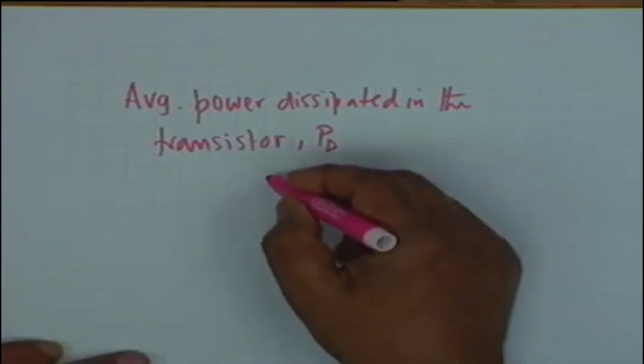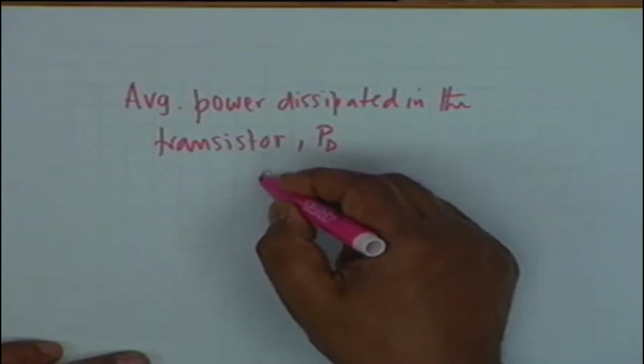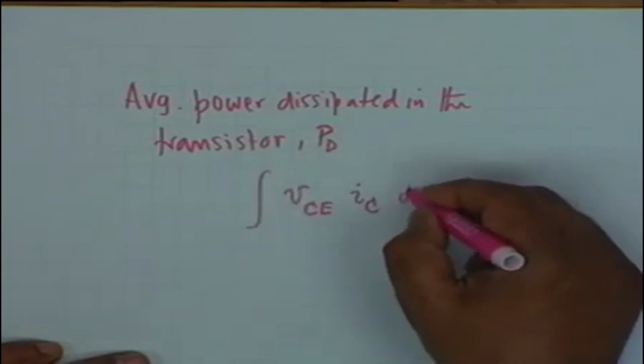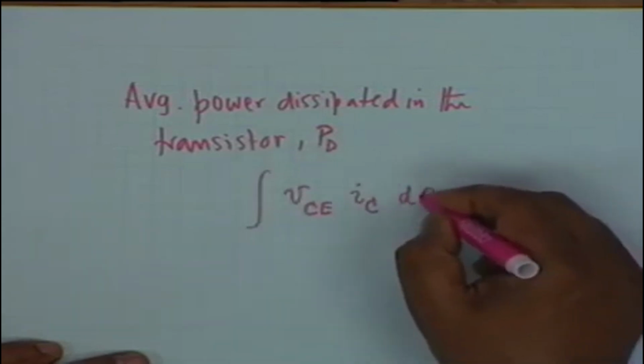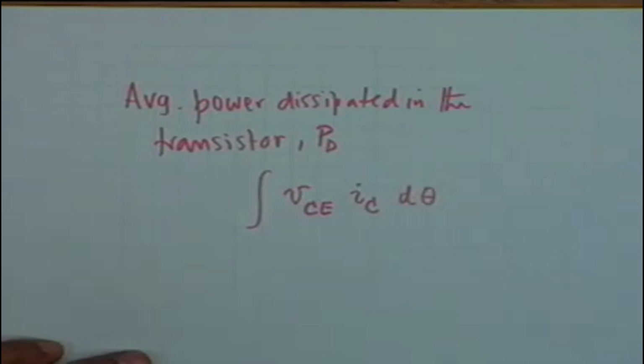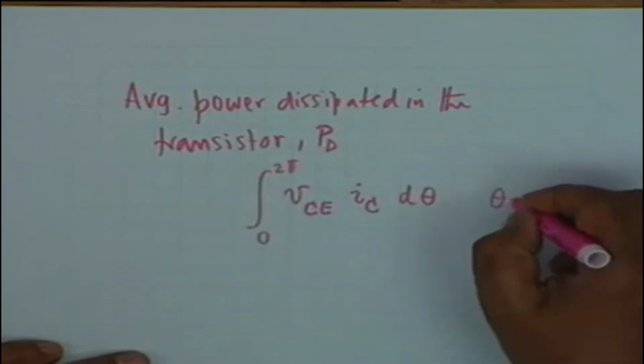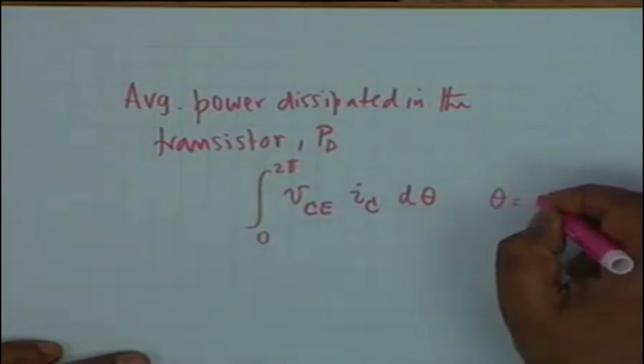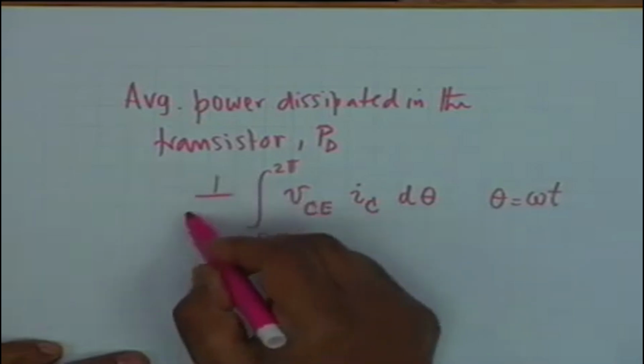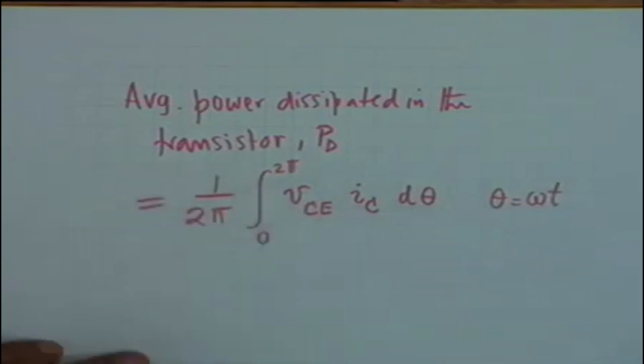So we will integrate this over one period of the sinusoid, d theta, where theta goes from 0 to 2 pi, theta is equal to omega t, and then we divide by 2 pi. Is that okay?